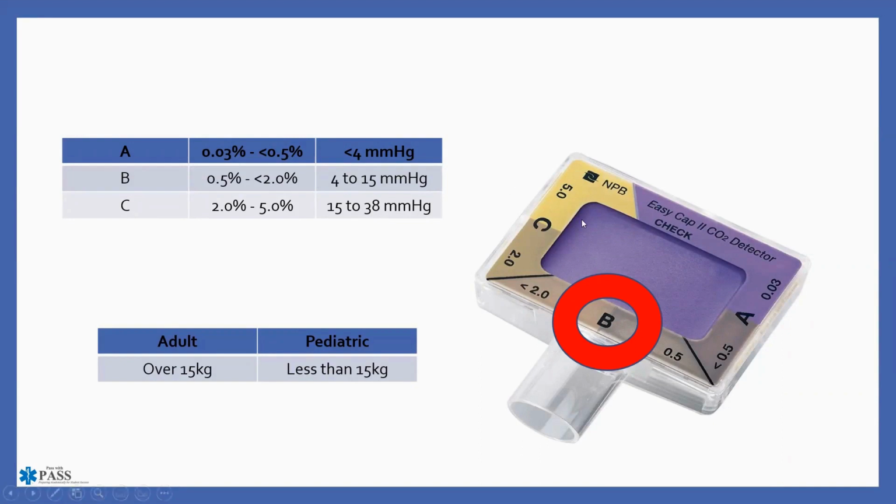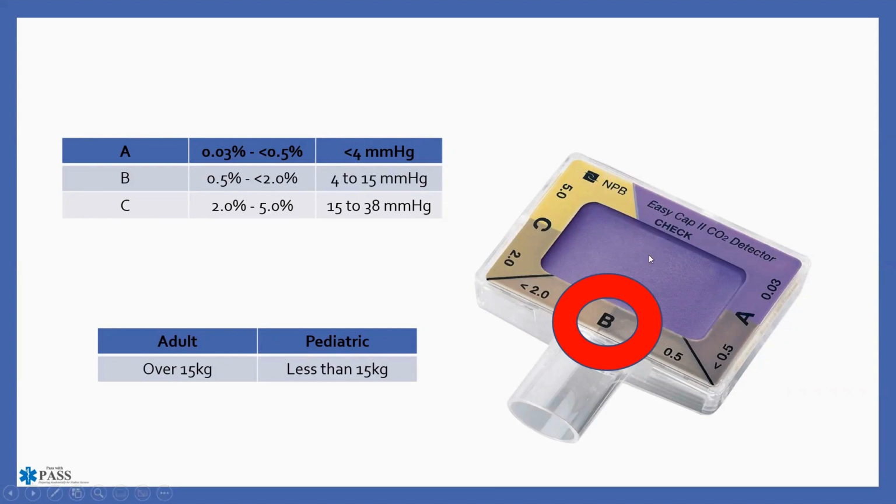So when do we use this? I think that it is still important that we carry something like this, or an equivalent, in the event that your waveform is not working adequately, so that we have medical legal documentation that yes, we did in fact have color change on a colorimetric device. The problem with these is, and I have actually read the package insert in preparation for doing education previously, that these can be used for up to 24 hours.